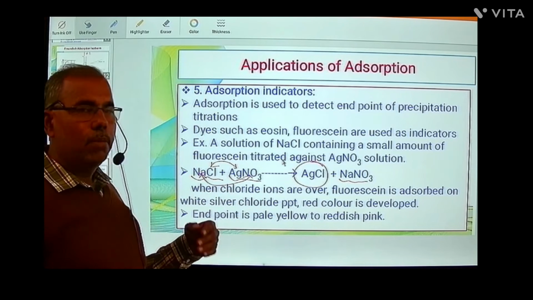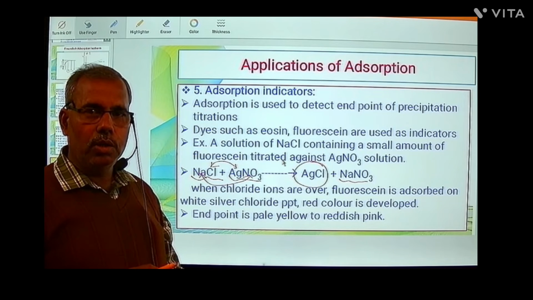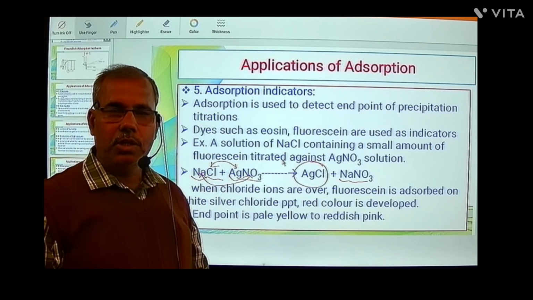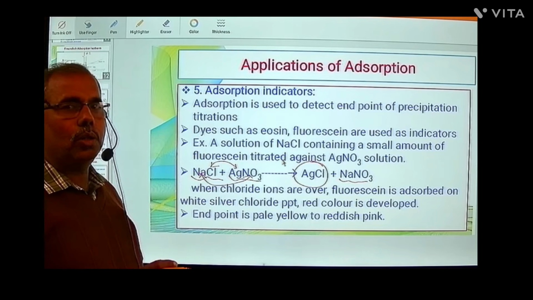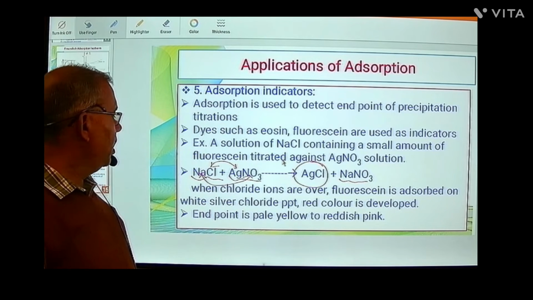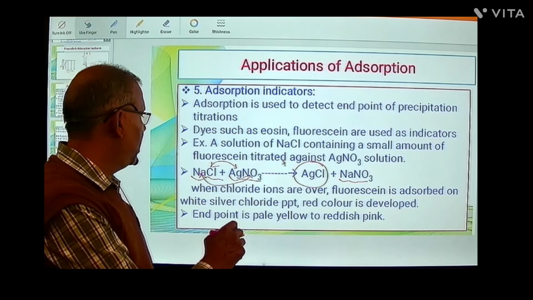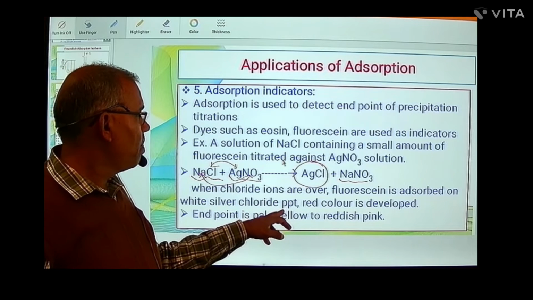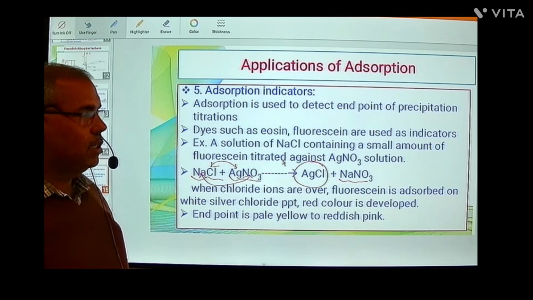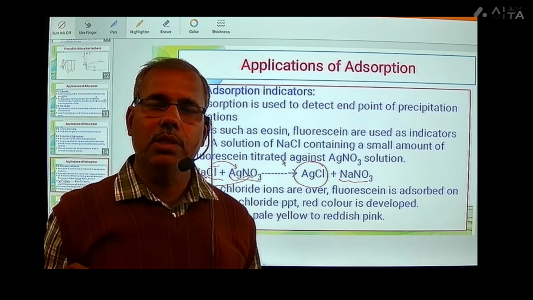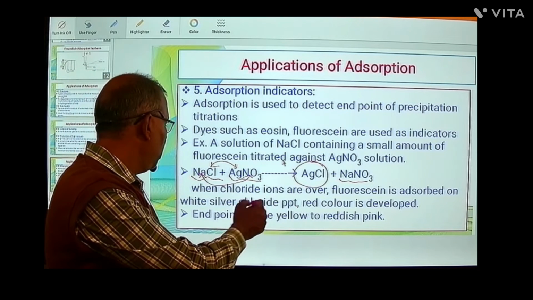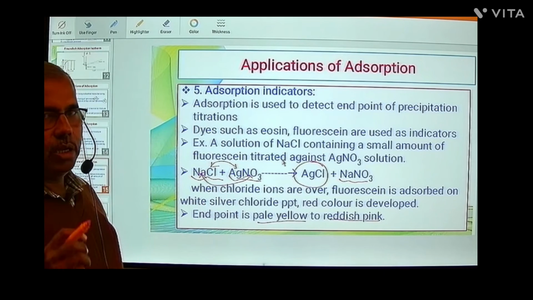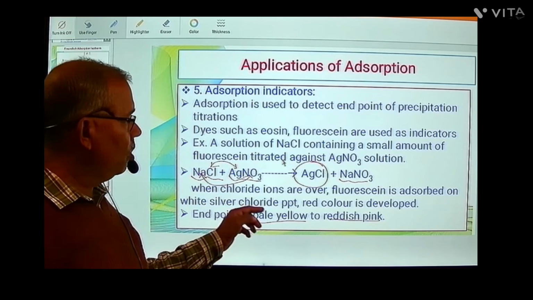But when the formation of AgCl is over, that is, the chloride ions are over, the fluorescein, which is taken as an indicator here, adsorbs on the surface of the precipitate and imparts its color to it. The silver chloride precipitate is white, but it becomes red because fluorescein is red. The end point here is pale yellow to reddish pink. So the actual perfect end point is pale yellow to reddish pink.